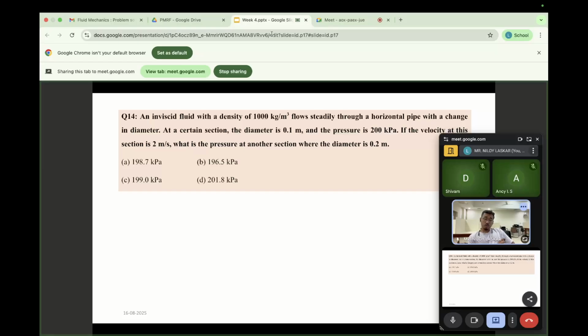Please try. In this question, as pressure is given, you need to apply Bernoulli's equation, and also something regarding velocity is there, so maybe the continuity equation is also required. So let's check. Two more minutes, you just try.